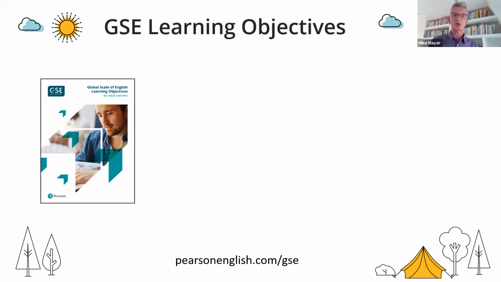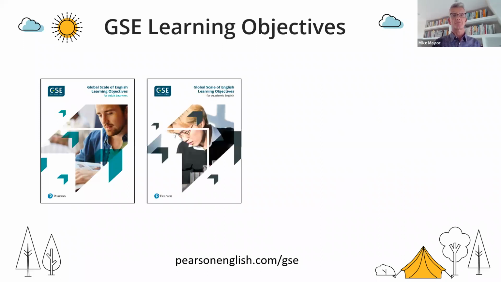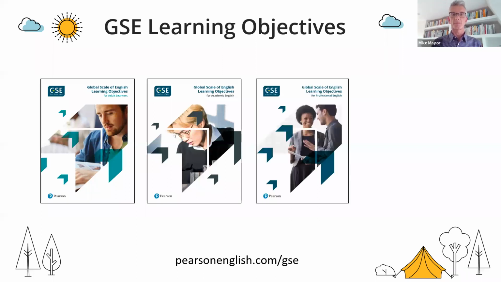We've extended the Common European Framework, so a fuller, more complete set of learning objectives for adult learners learning general English. We have a set for adult learners learning academic English, which also contains all of the general adult as well, because usually on an academic English course, you still teach general language functions as well.